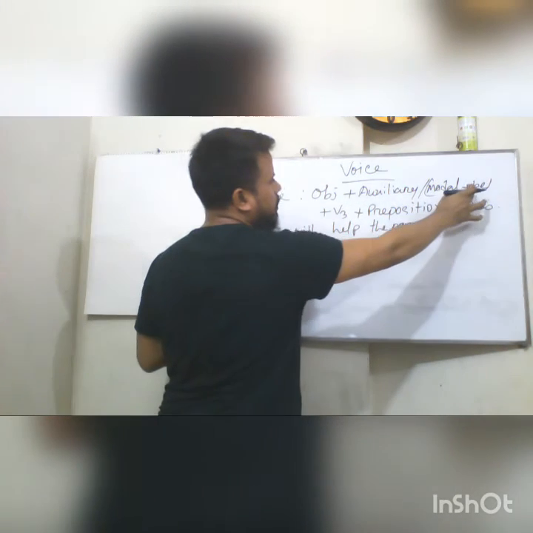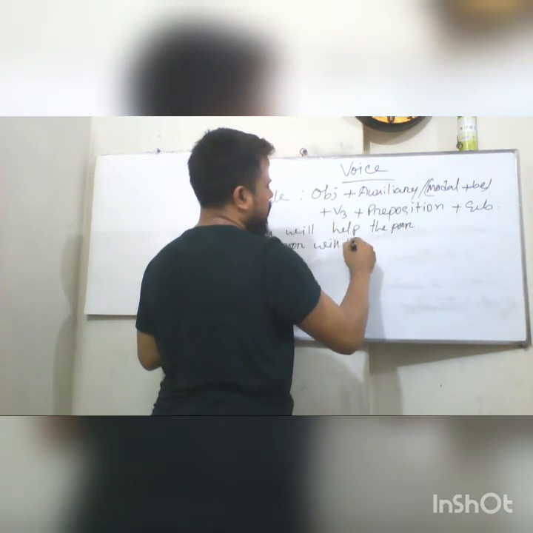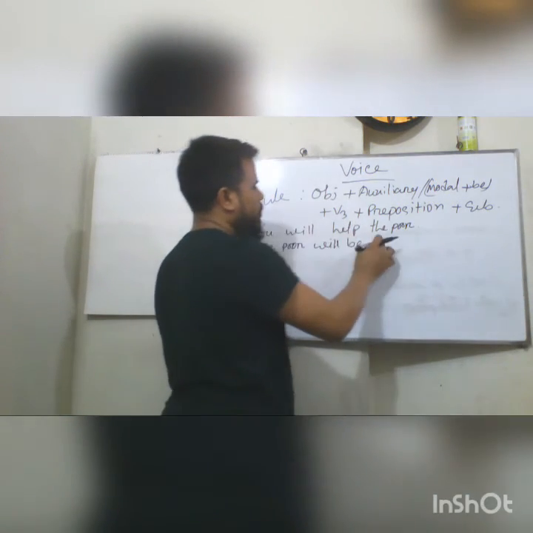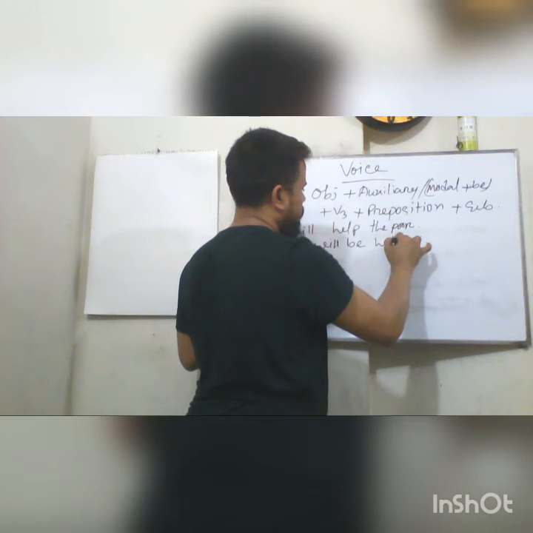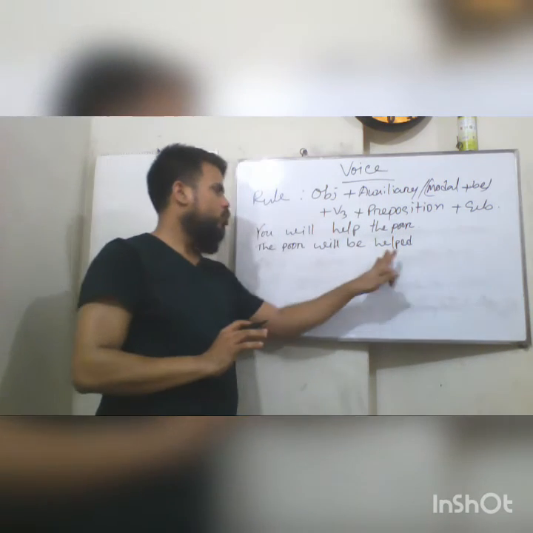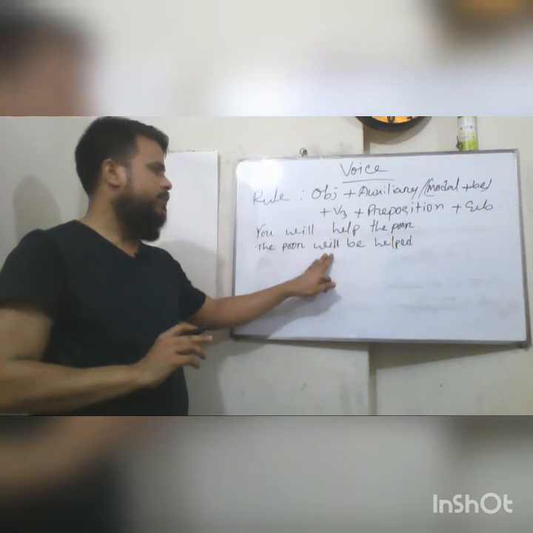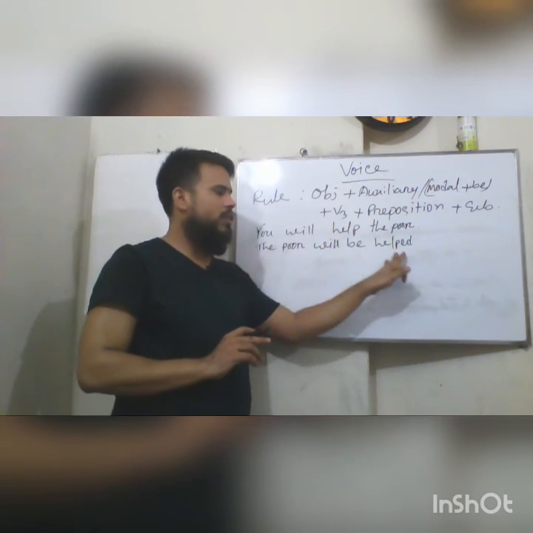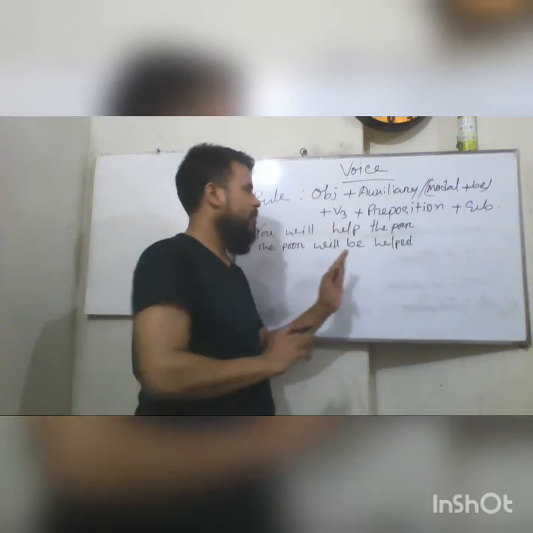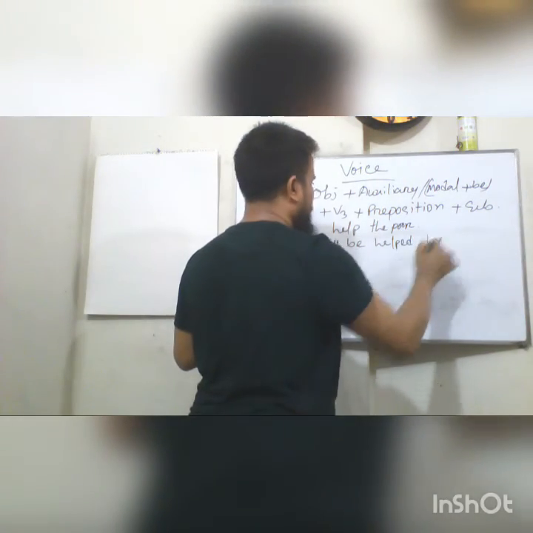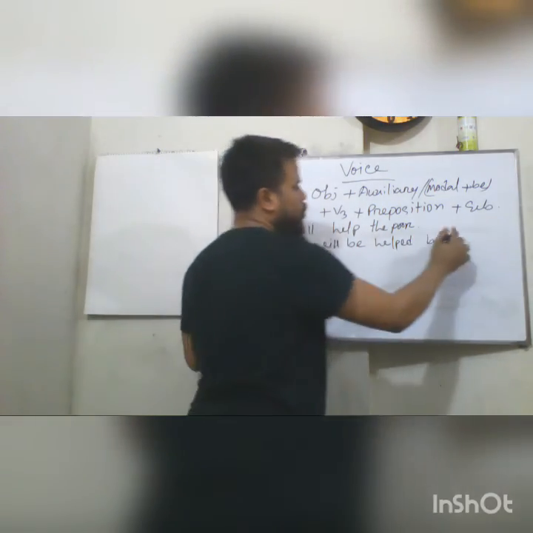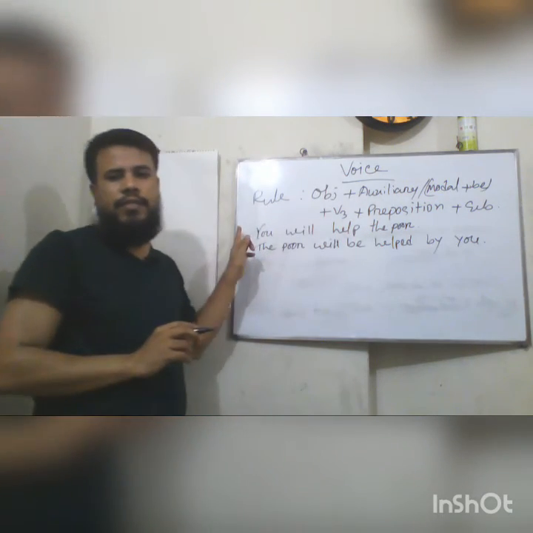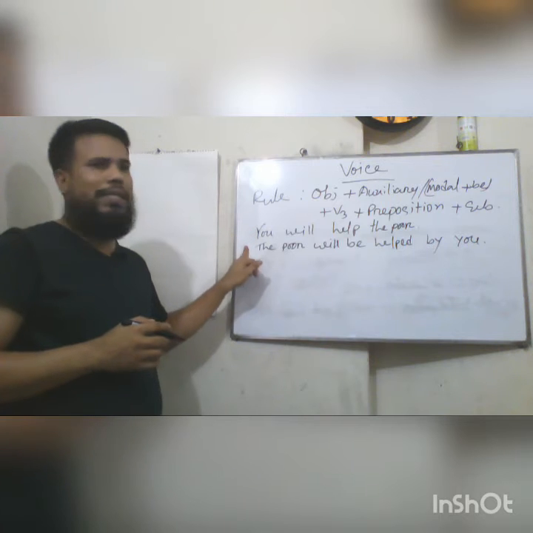Here I have written modal plus be. Here be, will be, then verb 3, helped. We know no verb is changed after a modal, so I have used be to change the verb to verb 3. Then the preposition by, and then finally subject to object, you. It's a future indefinite example of active to passive change.